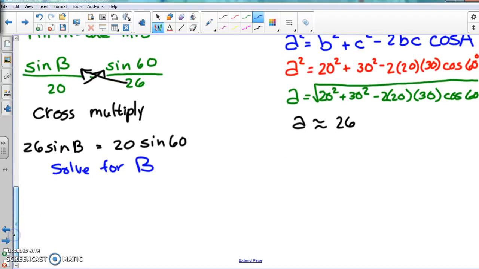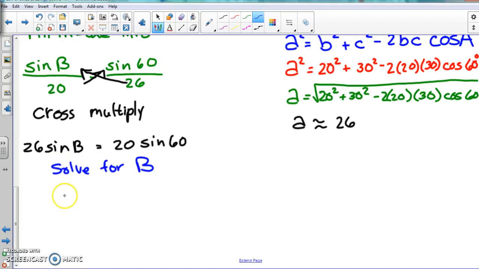Here, it's kind of like what we did before on the warm-up, right before the law of sines, when we had to find that angle X. We had to get everything away from that side of X to solve for X. So here we need to get everything away from B, so that B can be on the side by itself.